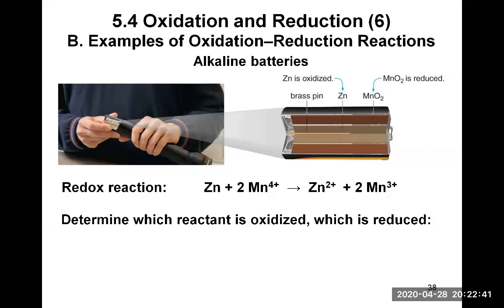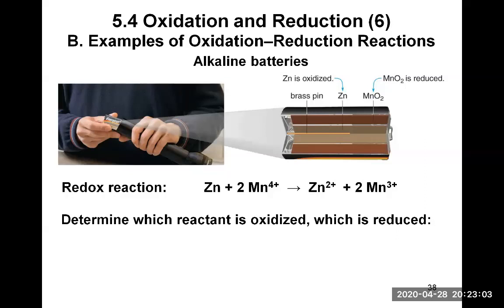And so the net redox reaction is that zinc as a metal will react with the manganese 4+ ion, and the zinc will become zinc 2+, and the manganese will go from 4+ to a 3+ ion.